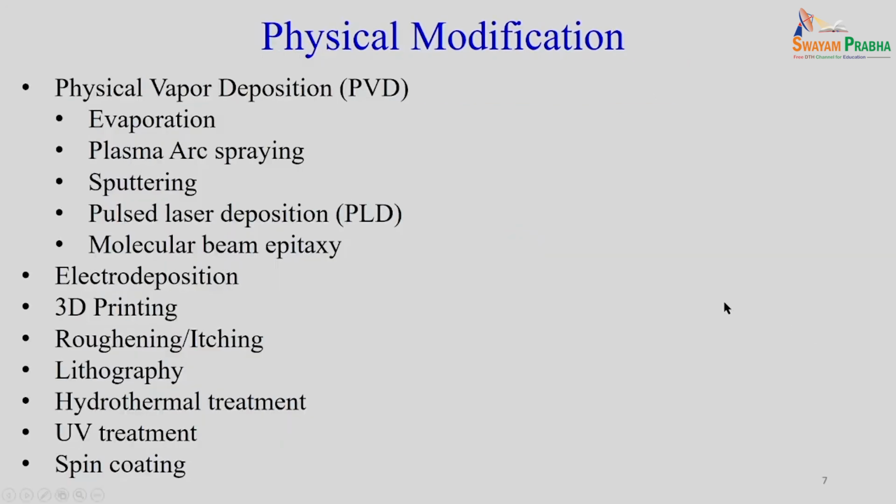Now, in the physical methods, we have a solid that has to be coated on the surface, which is also solid. First the solid has to go to the vapor, then from the vapor it can be coated on the surface.